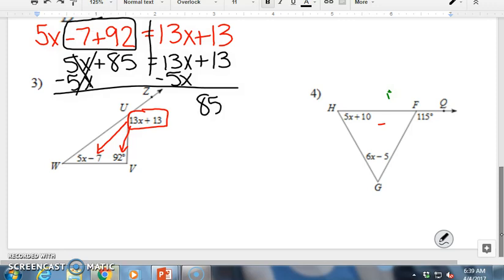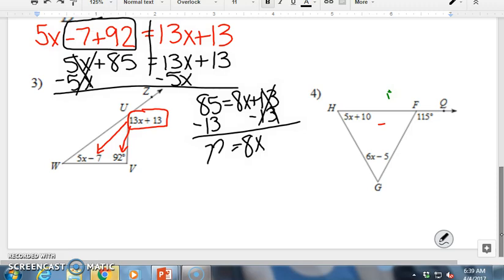So I get 85 equals, I'm going to move over here, 8x plus 13. Subtract the 13, two-step equation. 72 divided by 8. I get x equals 9.